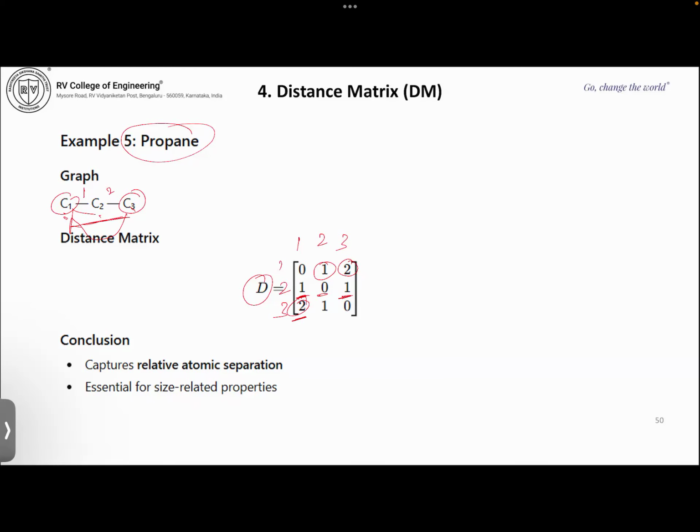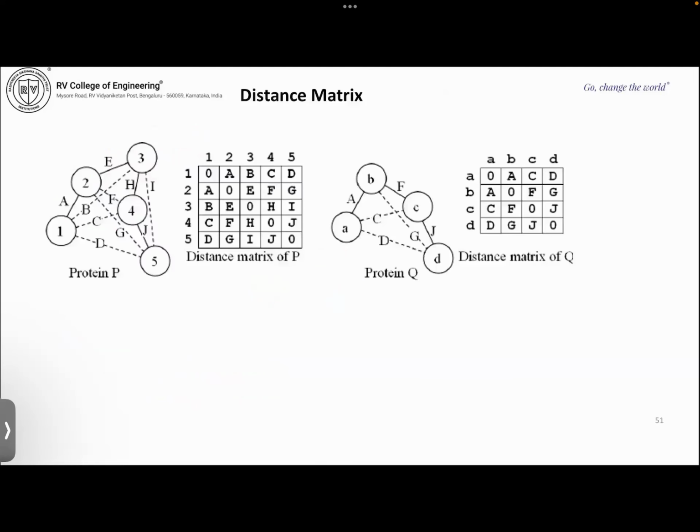So this distance matrix captures the relative atomic separation essential for size related properties. You can see the distance matrix for this molecule, it has 5 vertices, 1, 2, 3, 4, 5, and this is actually in 3D representation.